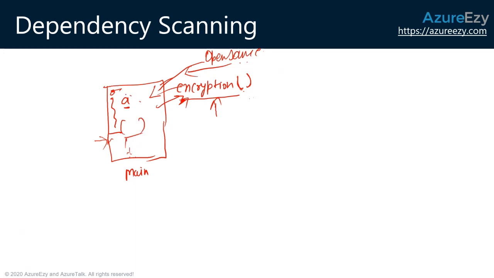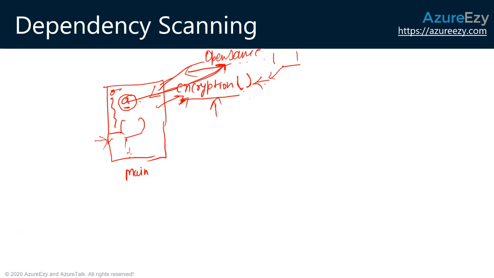But this encryption package is coming from an open source community, so it becomes a dependency for your organization. It might have some security vulnerability. It might be coming from an organization which is not supported at all in your organization because of compliance, because of regulatory reasons.